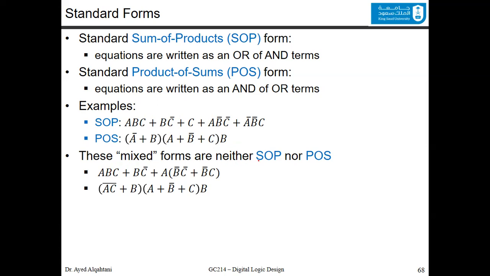They are neither sum of products nor product of sums. Here this is a product, this is a product, but here we have a sum that is ANDed with the letter. So this is neither a sum of products nor a product of sums. Similarly here.